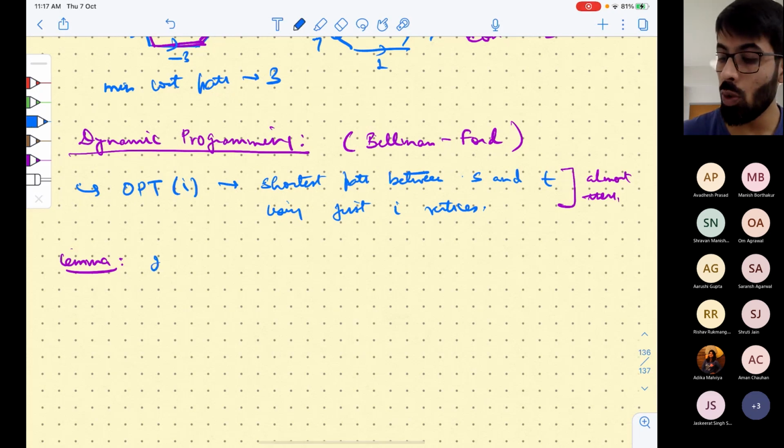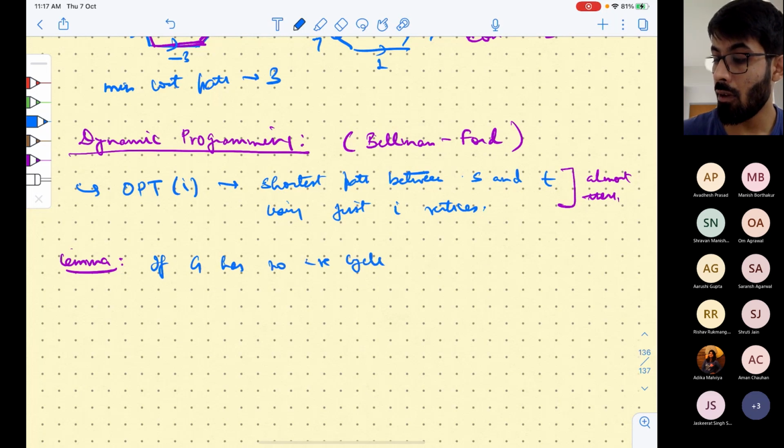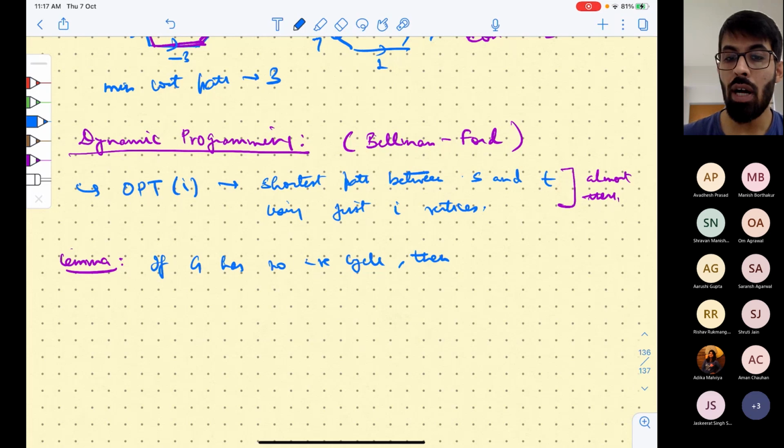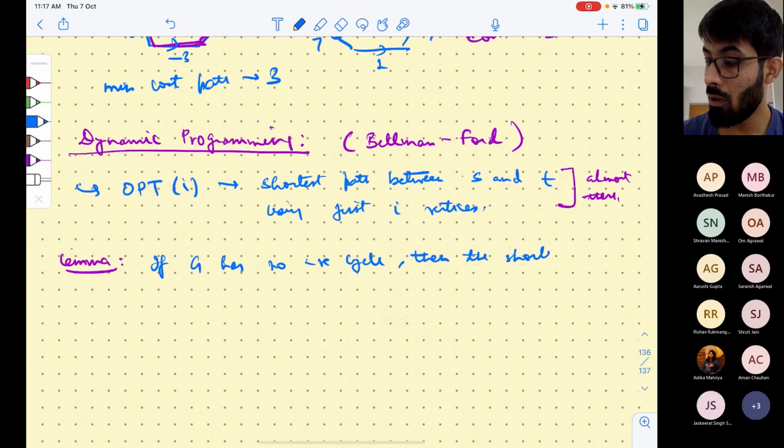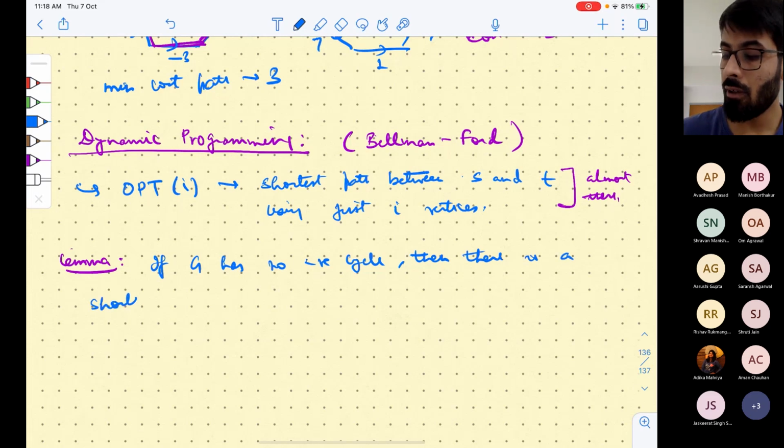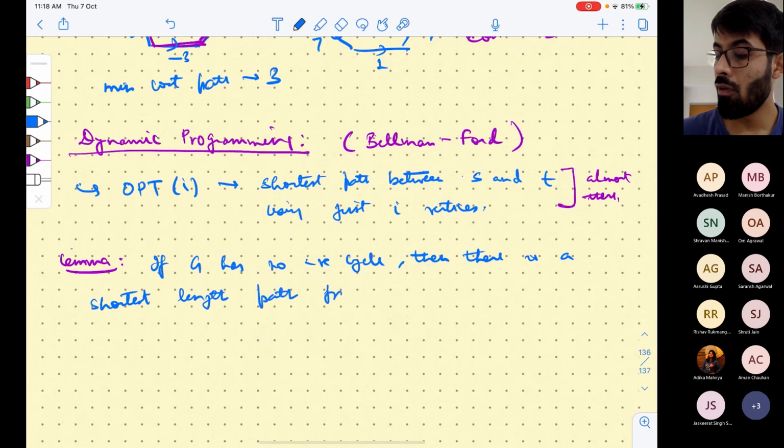So it says that if G has no negative cycle, then there is a shortest length path from S to T that is simple.